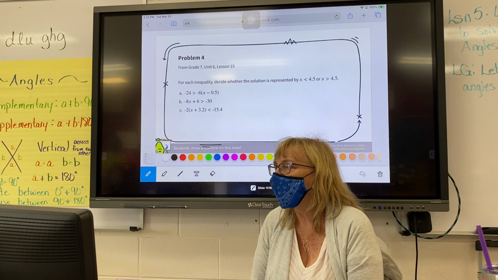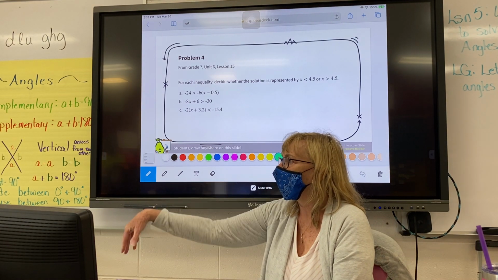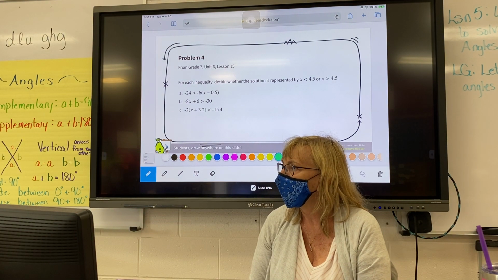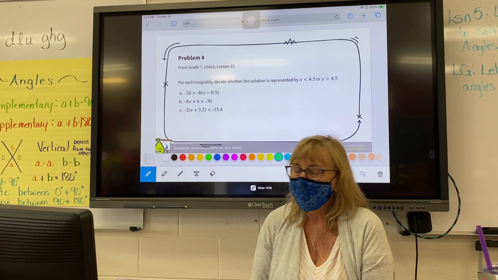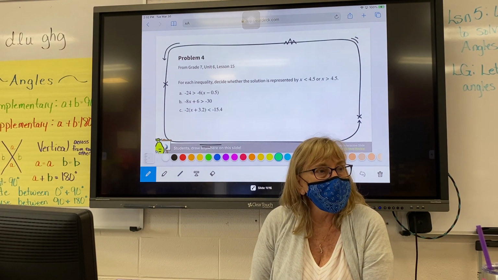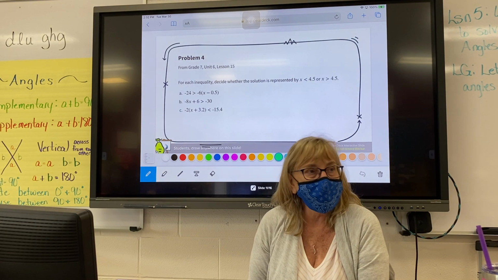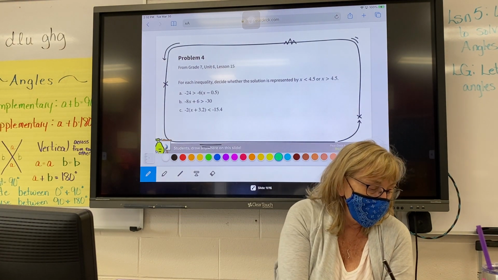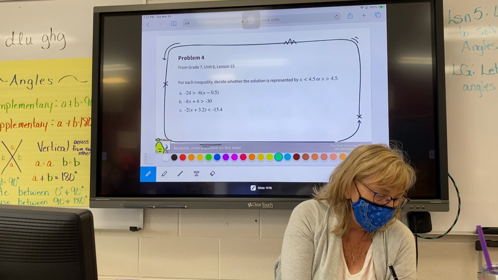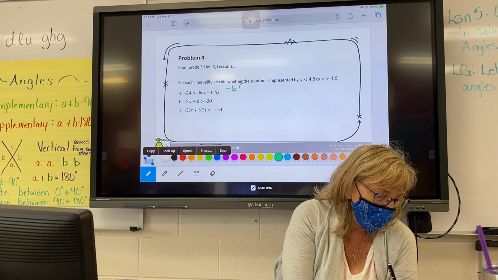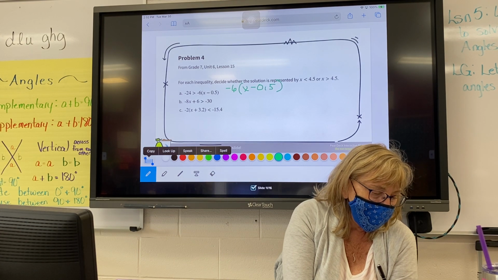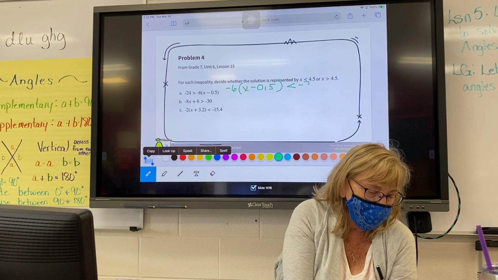Okay, whenever we graph anything, we always have x on the left-hand side, right? Where is x on this one? Right. Before I even start, I always flip the problem around because that helps me understand the graphing better. So this equation is going to become -6 parentheses x minus 0.5 is less than -24.